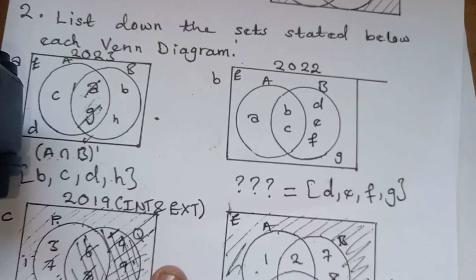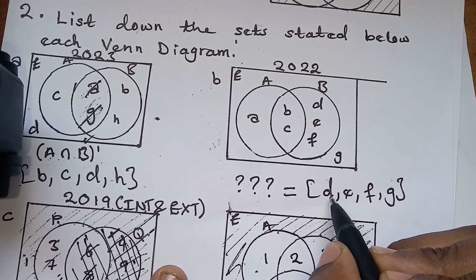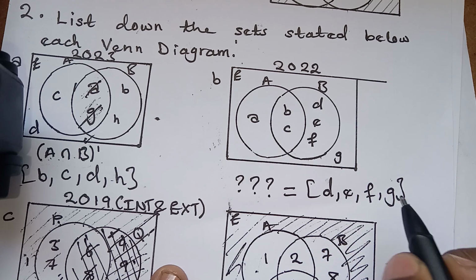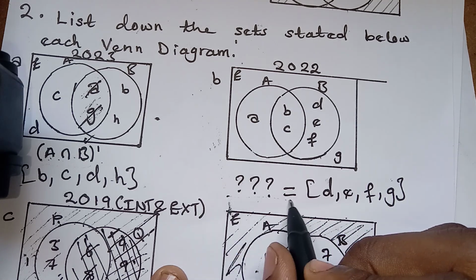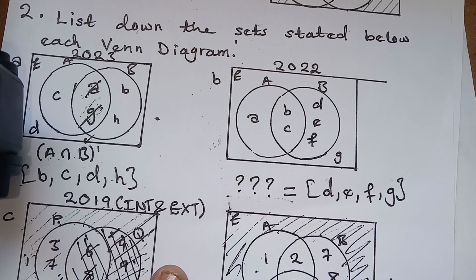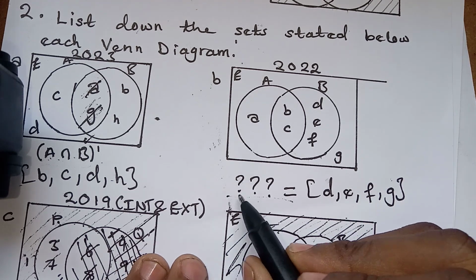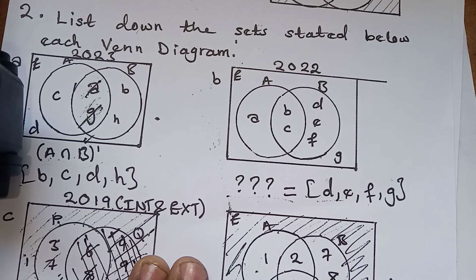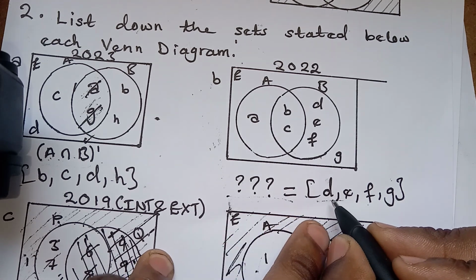And then lastly, we have this one where the elements have been listed down, and they want you to figure out the sets to which these elements belong. So let's look at the elements.